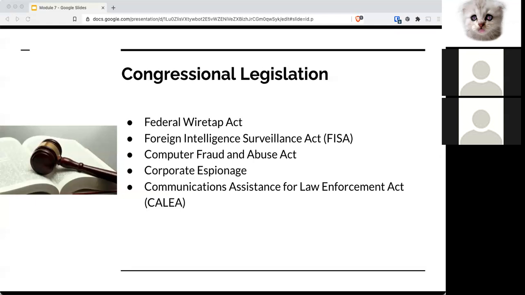Yes, this is why it is important that when you do a penetration test, you stay within scope, because of that law, you could go to prison for 20 years.